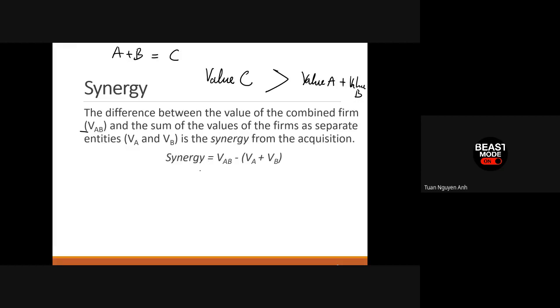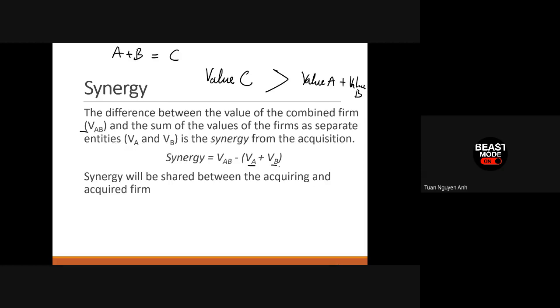So it can go to a calculation like this. The synergy is equal to the value of the new company minus the separate values of the companies before the acquisition. So the synergy here is the benefit of this whole merger and acquisition. Of course, each shareholder will have some purpose. A is acquiring B for some purpose, and B is selling their own company for some purpose.